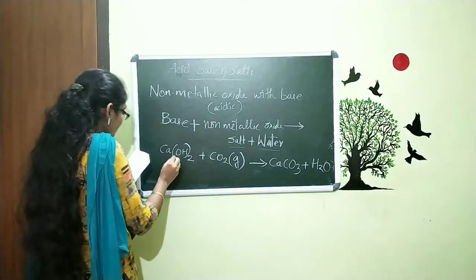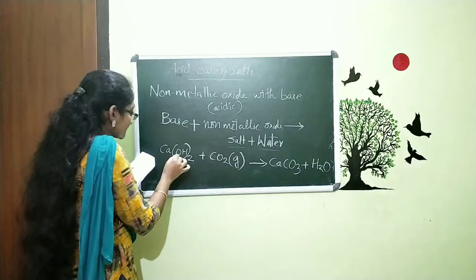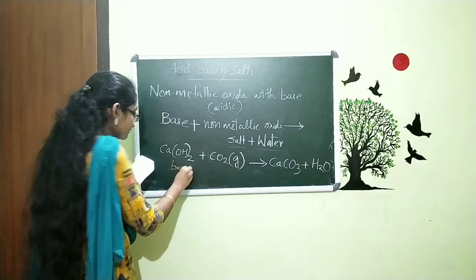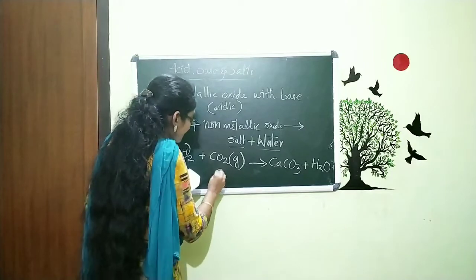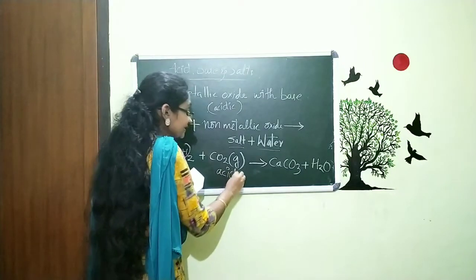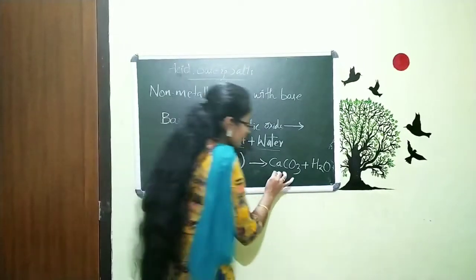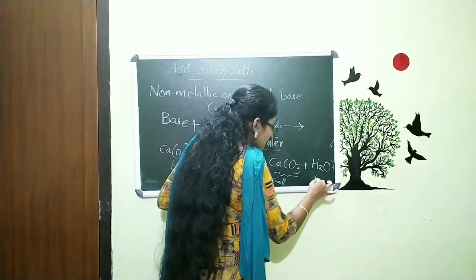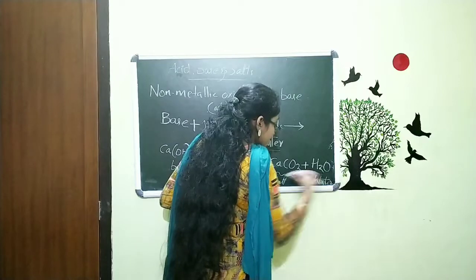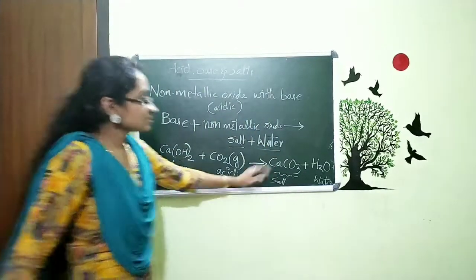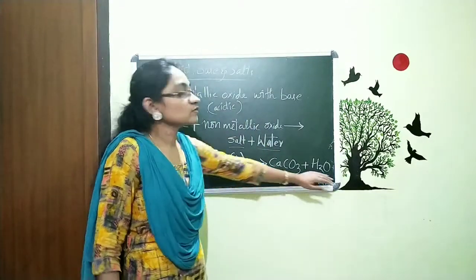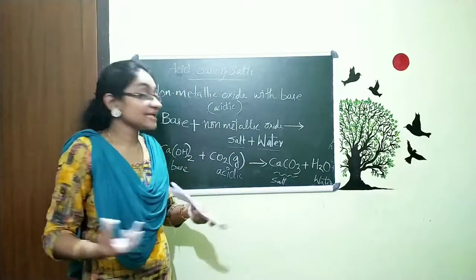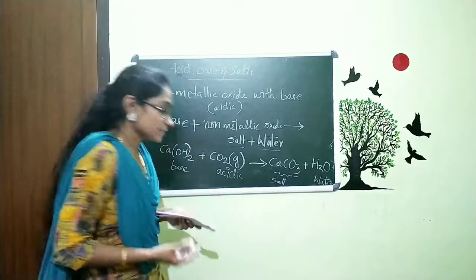So, Ca(OH)2 is the base, and CO2 is acidic in nature. That's why they produce salt and water. This CaCO3 is what? What is the name of that? Calcium carbonate.